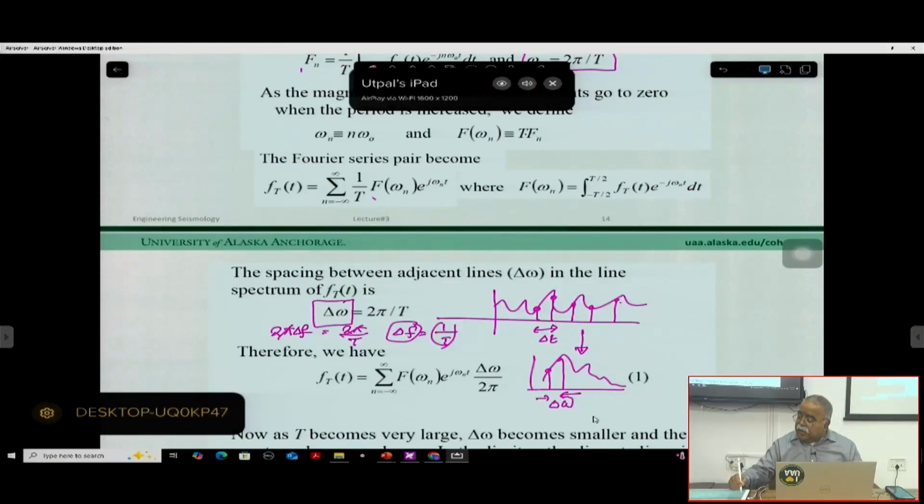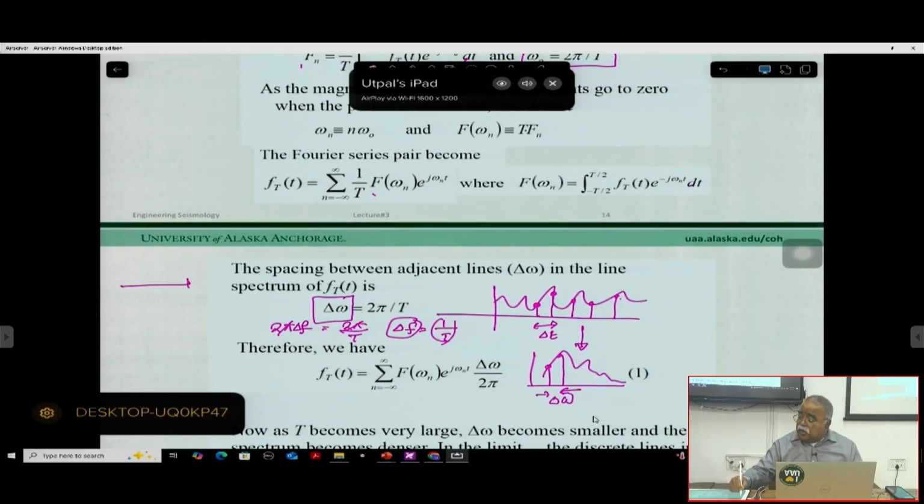Suppose you are giving 20 seconds worth of data, and if you are giving 50 seconds worth of data, then what will happen? Where will the delta omega value be small and where will it be larger?